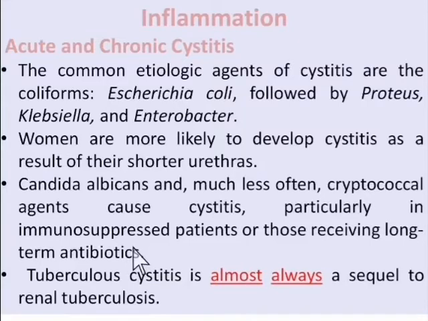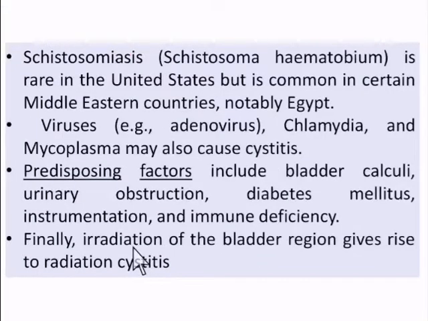Tuberculous cystitis is almost always, I repeat, almost always a sequela to renal tuberculosis. Schistosomiasis, as it says, Schistosoma haematobium, is rare in the United States but is common in Middle Eastern countries like in Egypt.